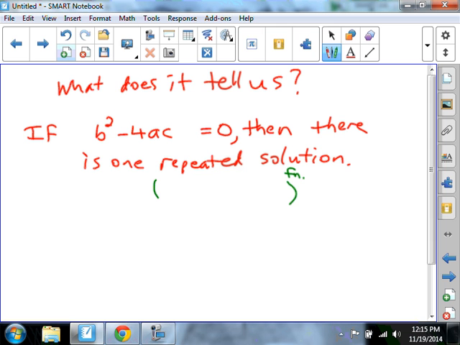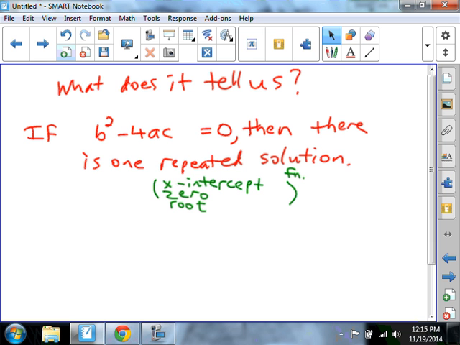We call them the points where the graph crosses the x-axis, x-intercepts, or there was another four-letter Z word, zero, or another four-letter R word, root. So if we're talking about an equation, there's one repeated solution. If we're talking about a function, there's one repeated x-intercept, one repeated zero, one repeated root. Okay, is everybody all right so far?